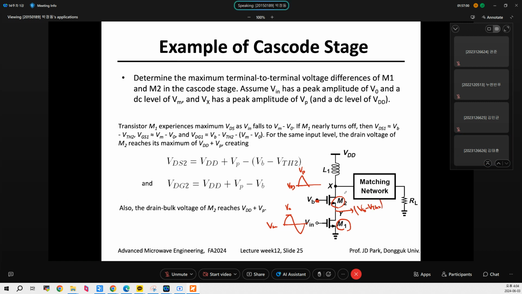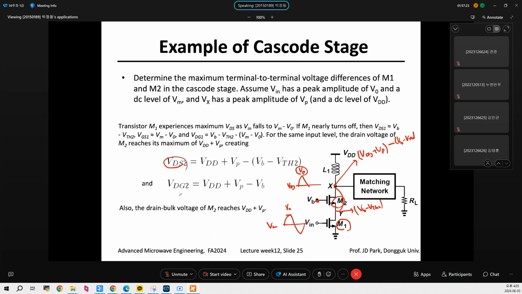And this is VDD plus the peak VP. So the maximum difference must be VDD plus VP minus VB minus V threshold 2. Make sense? So this is the maximum VDS.